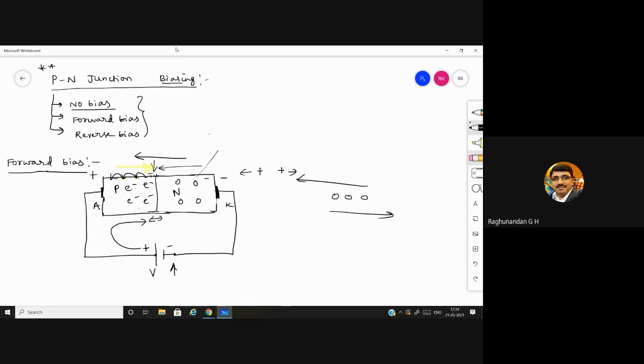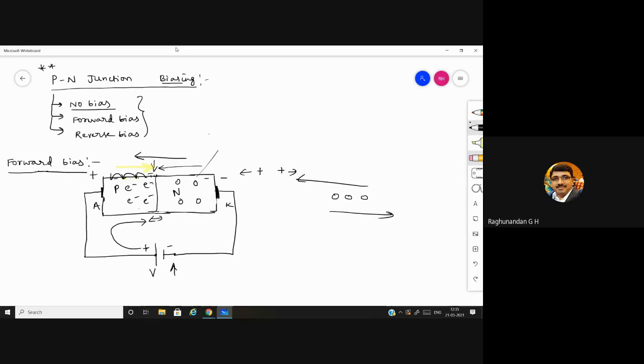The conventional direction is from positive to negative, but electrons flow from the N layer to the P layer, so they are always opposite to the conventional direction. This is the direction we show and use for mathematical analysis, but actually the direction is the opposite way.